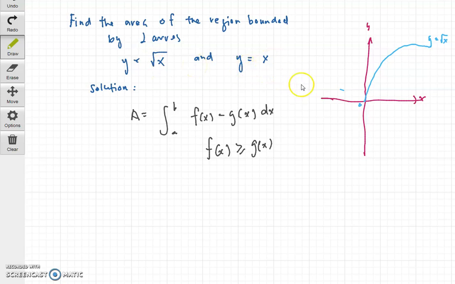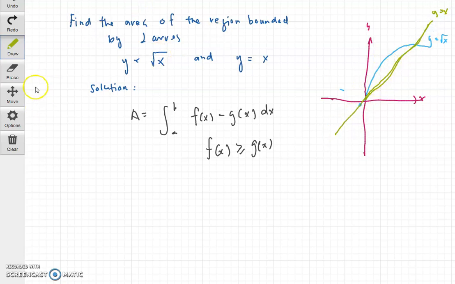And y equals x is supposed to be a linear graph, so you are going to get a straight line here.